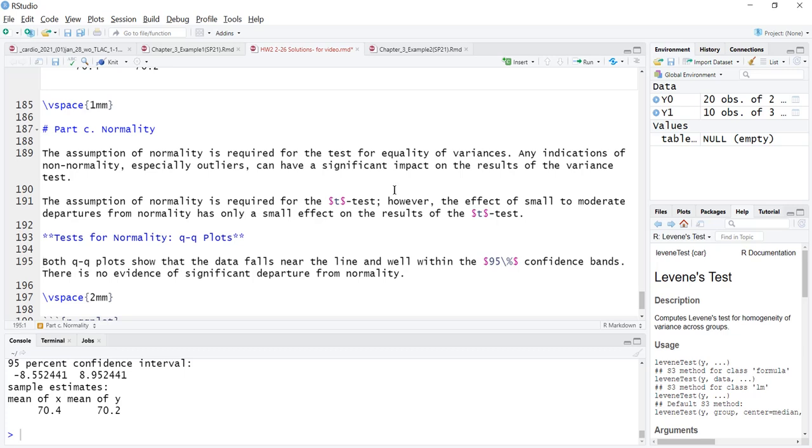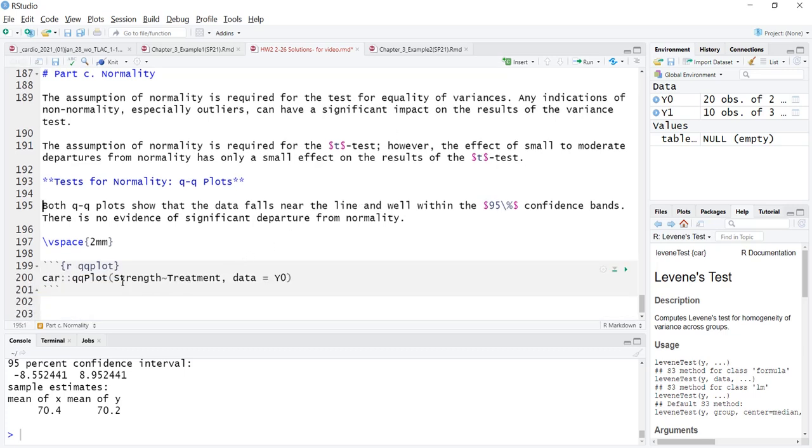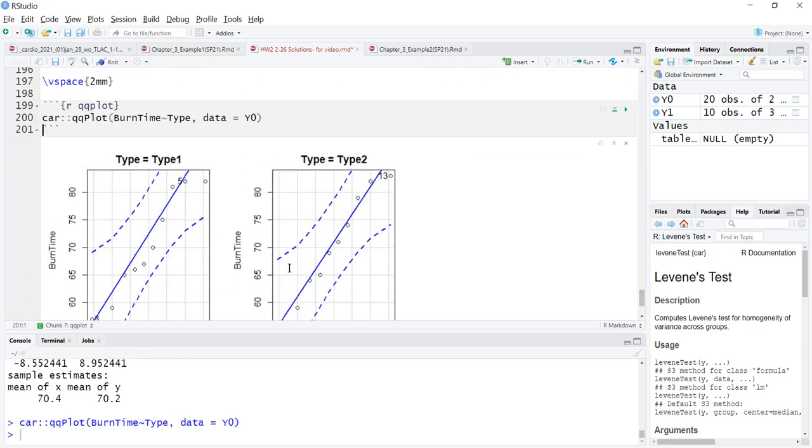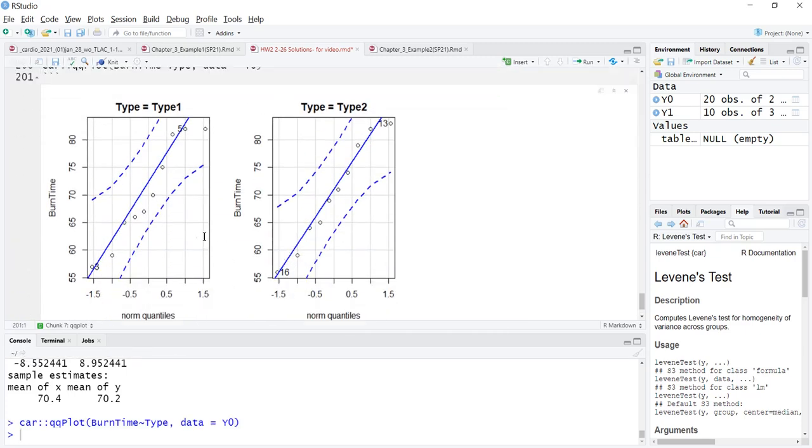Okay, so to do this, I need to change this to burn time, B-U-R-N, capital T-I-M-E, type, T-Y-P-E, capital T, okay? And I can run this, and now I take a look at these, and interestingly, that it identified 5, but look at this point out here that's further away. So when I look at this, the thing that bothers me a little bit is this curve right here in the middle, where these points are floating away from the line in the center.